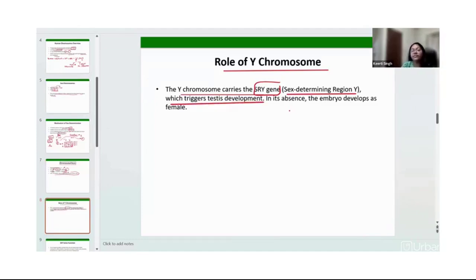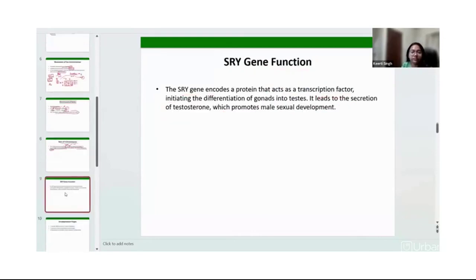So what will happen if the Y chromosome shows an absence of this gene? In the absence of this gene, the developing embryo will develop as a female, right? So this SRY gene plays a very important role, right?